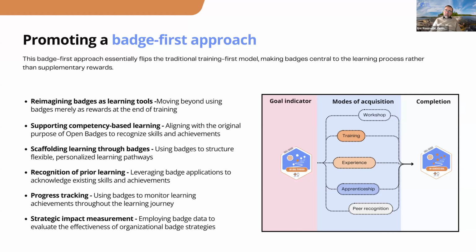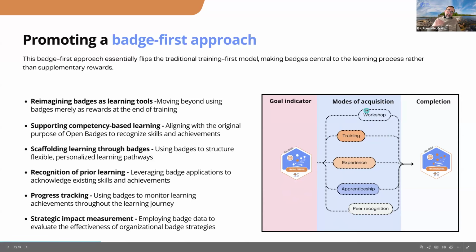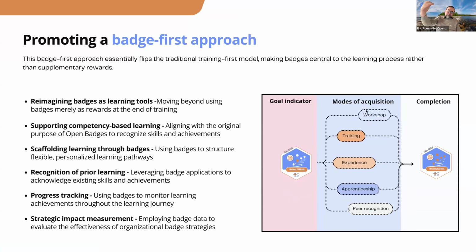Now in the space, the idea is that we use badges as beacons, or goal indicators. So the badges are kind of proposals, indicators, starting points, and the badge can be earned in many ways. So the mode of acquisition comes at the second stage.